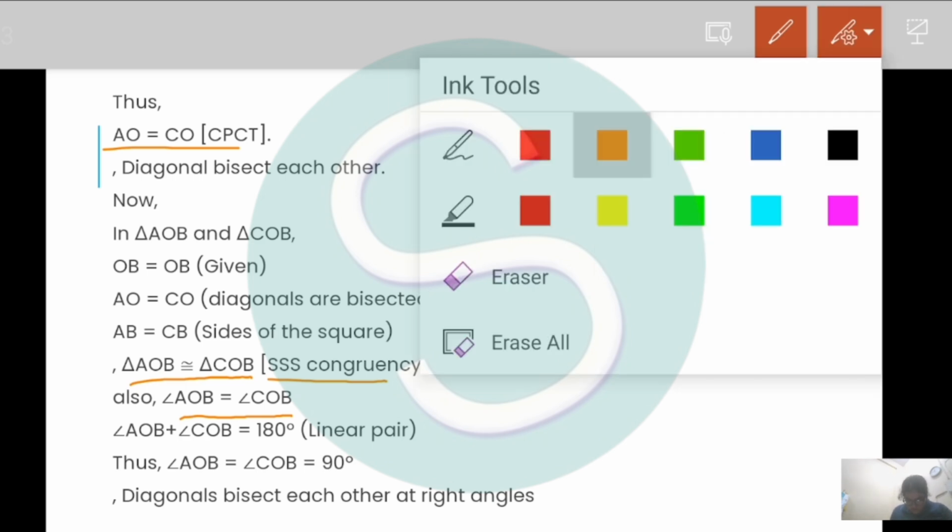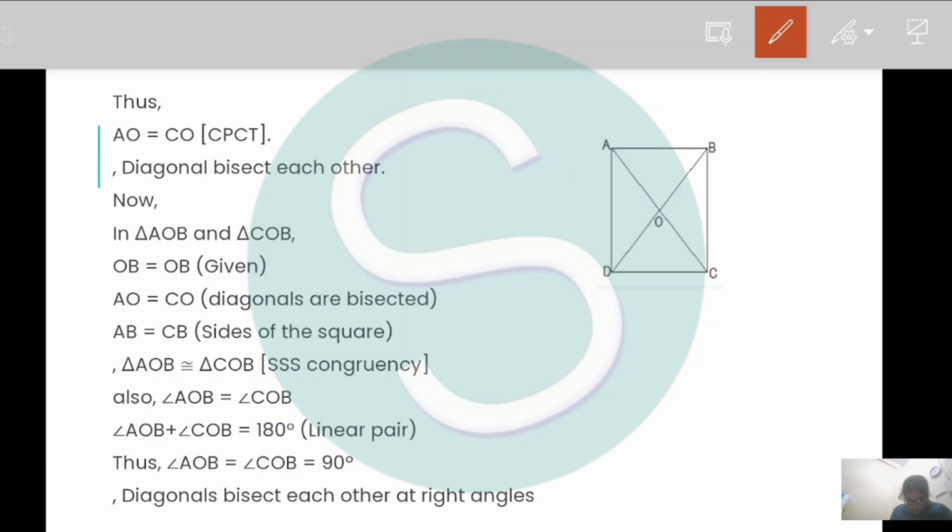So we know that AOB and COB का जो sum है वो 180 degree होगा by linear pair axiom, right? And we have proved AOB equals to COB. So AOB plus COB equals to 180 degrees. So we can write COB as AOB.